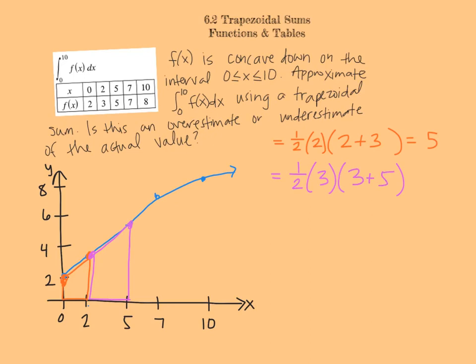Okay, so we have 3 halves. Actually, I'm going to do it this way. This is 8 times a half, right, which is 4. And then times 3. So we'll get 12. So we can multiply in any order. Then the next one I'll do in green.